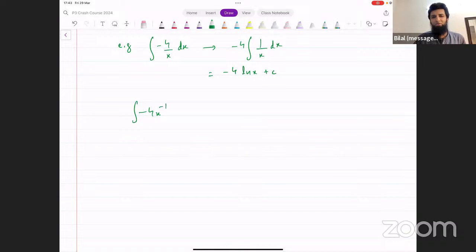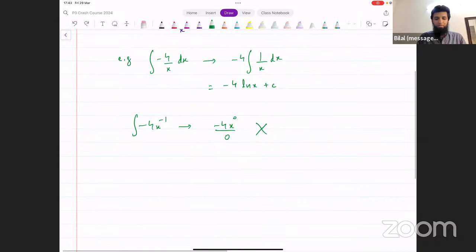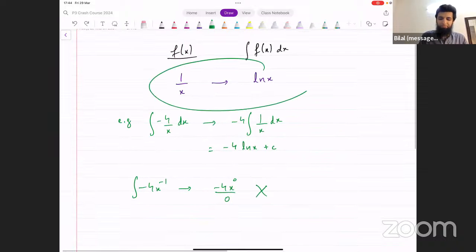If you were to try doing this using the power rule, it would not work. Why? Because it becomes x raised to power minus 1 plus 1. When you add 1 to the power it becomes 0. Then you divide by 0. That does not work. It becomes undefined. So when you have x raised to power minus 1, the power rule does not work there. So you have to use this ln rule instead.